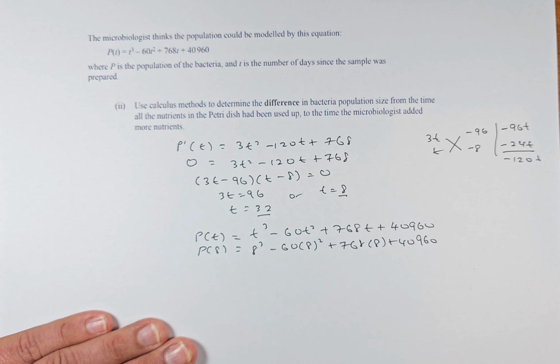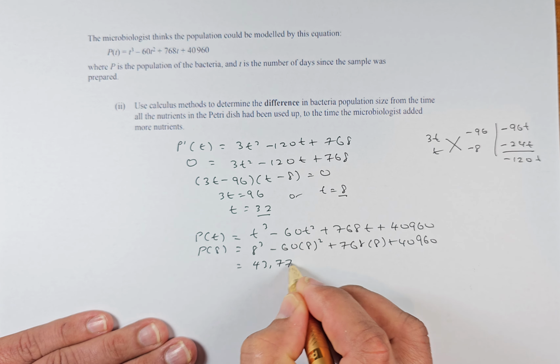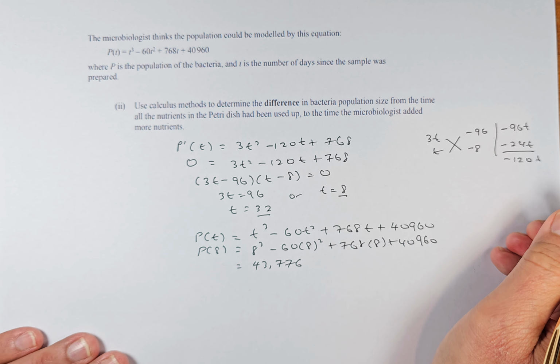And now your job is to put it in your calculator, and the answer is going to be, let me check, P(8) is going to be 43,776. So please check the answer for P(8).